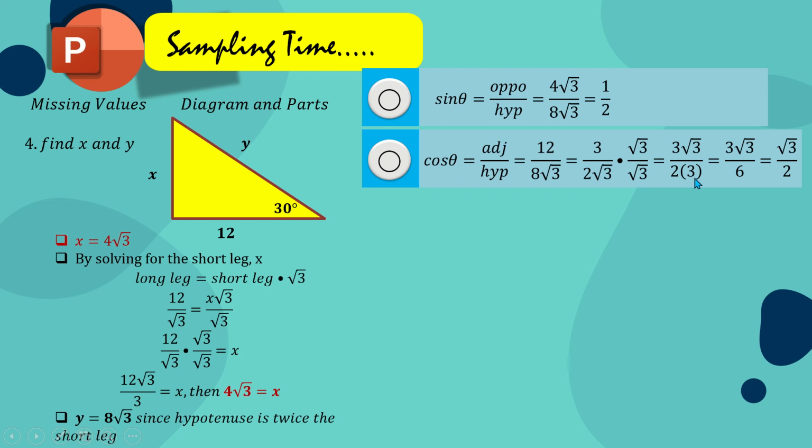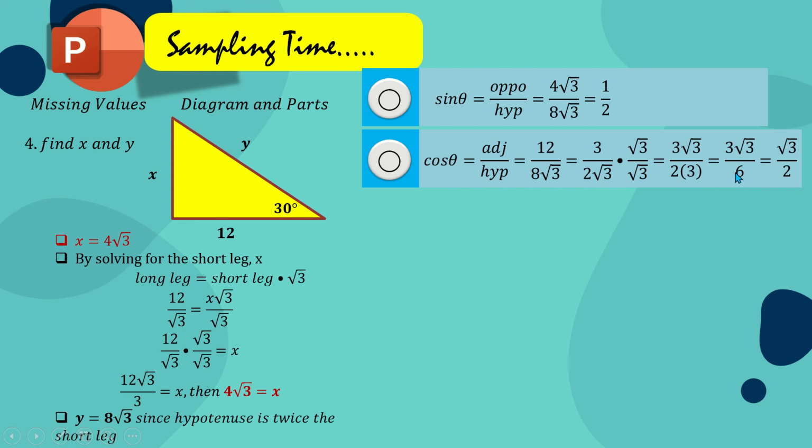Supposed to be 2 square root of 9 in the denominator, but I extracted the square root of 9, which is 3, and put it in parentheses. That means it was extracted. So the numerator stays the same, 3 square root of 3, while the denominator changes: 2 times 3 is 6.